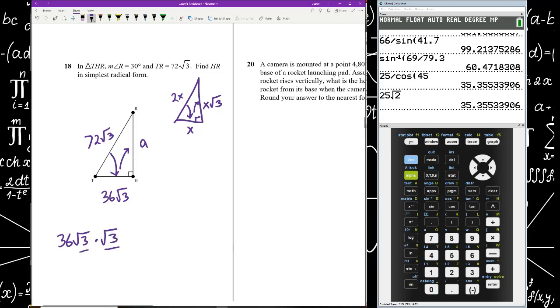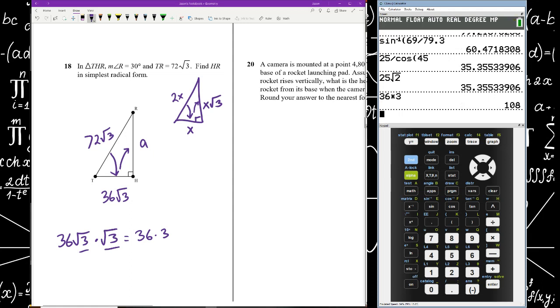If you multiply a square root times itself, it's just that number on the inside. So this is actually just 36 times 3. So we go to our calculator, 36 times 3, and our final answer is 108. So if we were actually trying to find this part, it would be 108, and that is what we are trying to find, so we get 108.